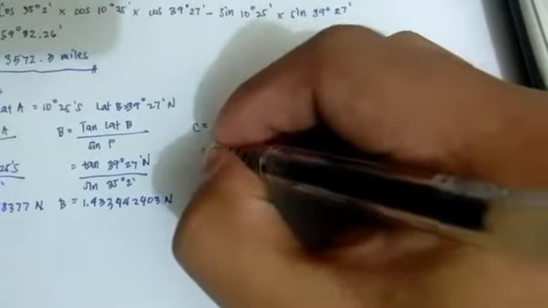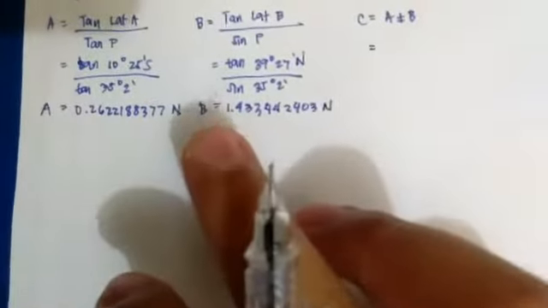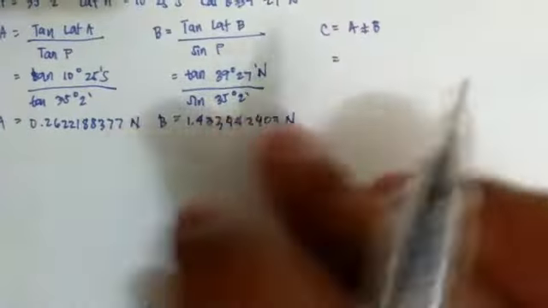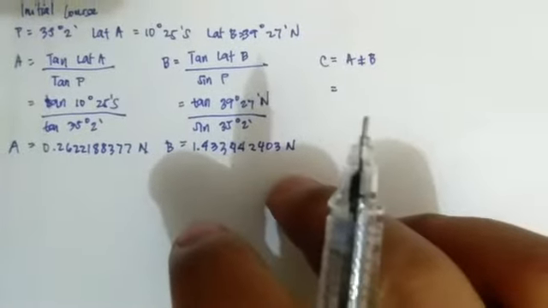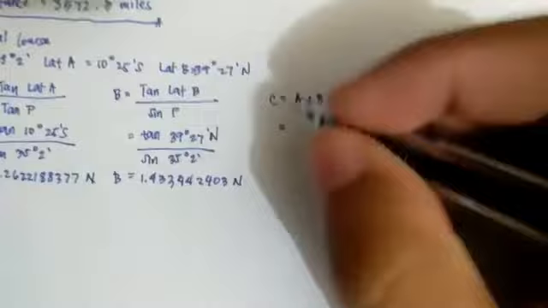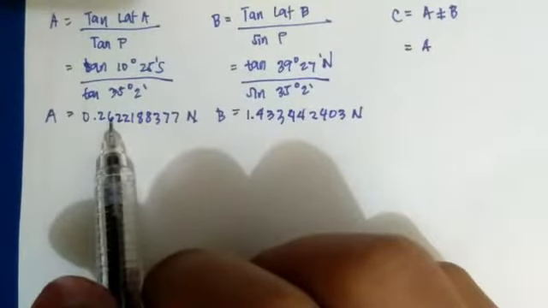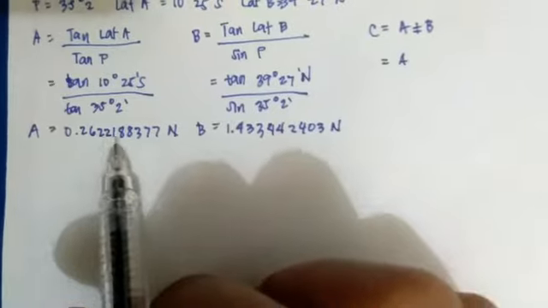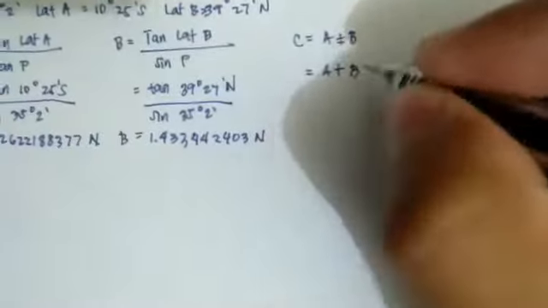So since our A and B have the same names, which is north, we need to add. A is this, 0.2622188,377 north, plus B, which is this.